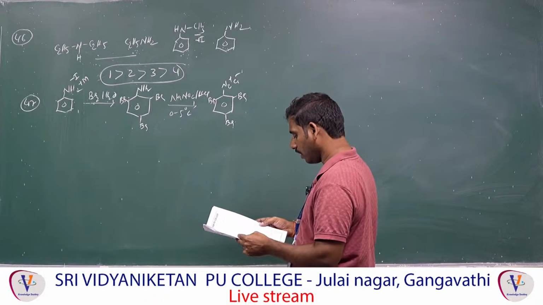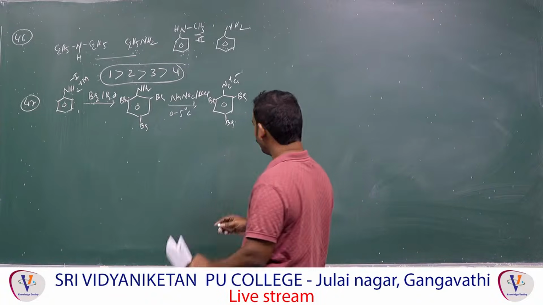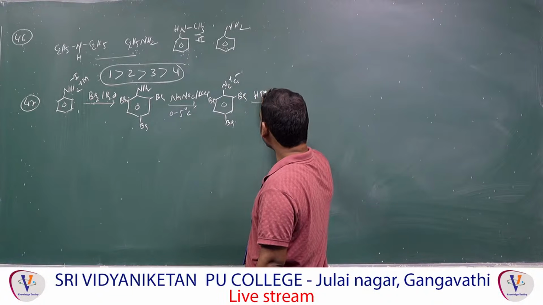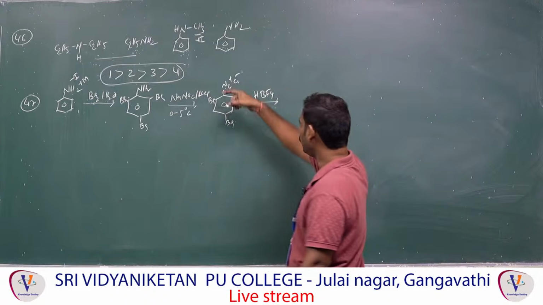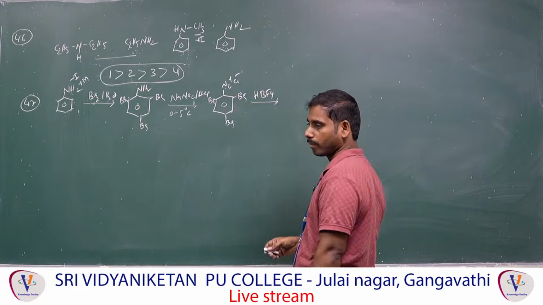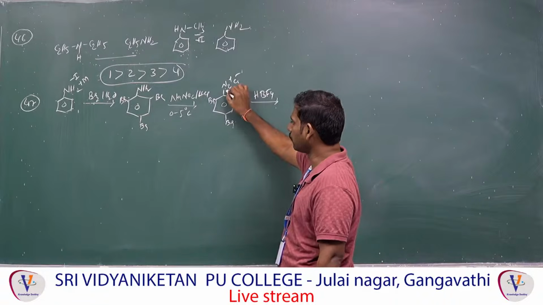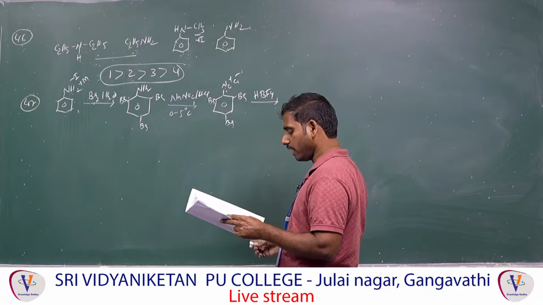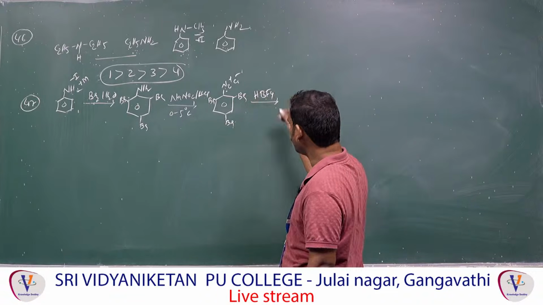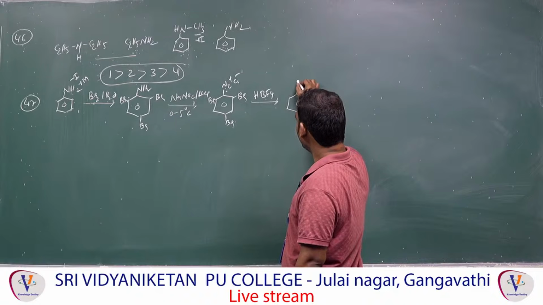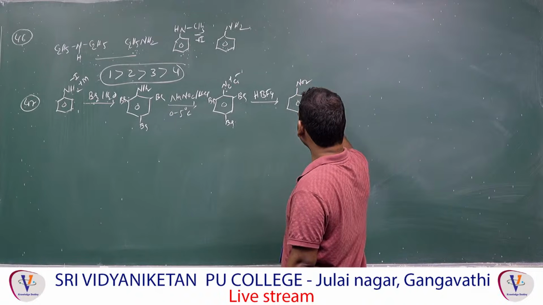Then followed by HBF4 and then NaNO2, that is called the Balz-Schiemann reaction. With HBF4, N2 gas and HCl are eliminated and fluorine is attached. That is the first product. Then fluorine, followed by NaNO2 plus Cu, the fluorine is replaced by NO2. This is the answer.